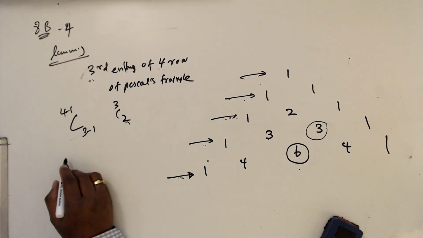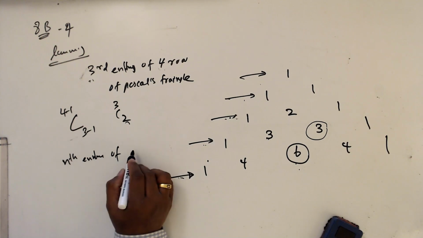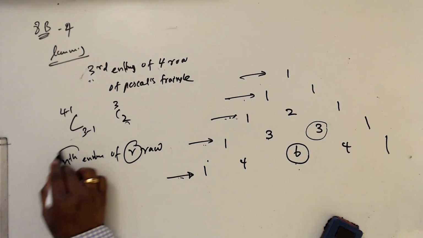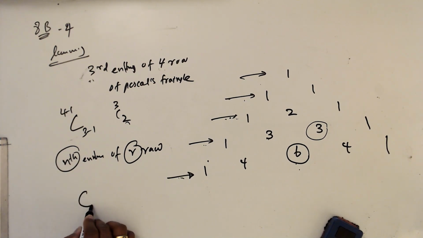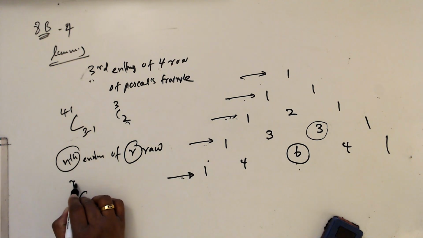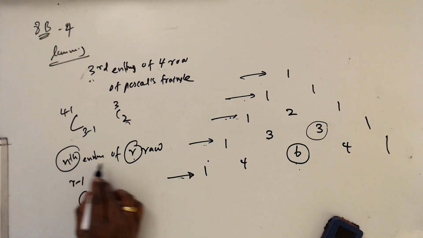Likewise, if I give the nth entry of R row, how do you write? Then you want to write C first. What is the row? R. Then we want to go R minus 1. And what is n?